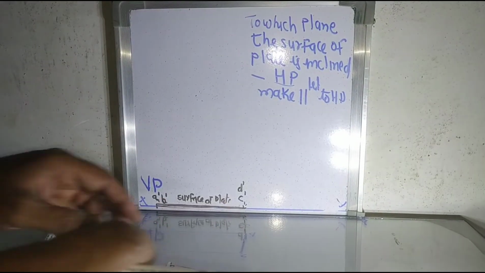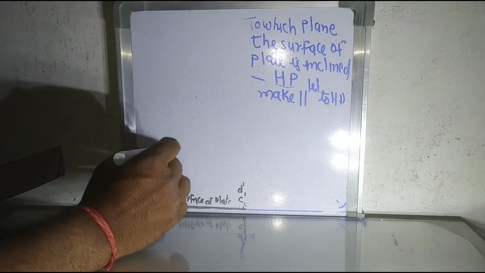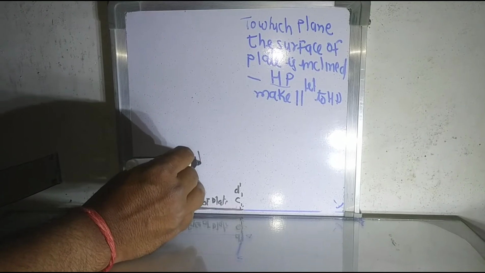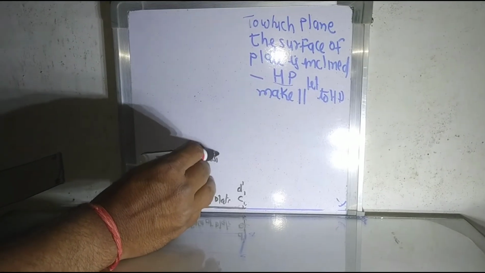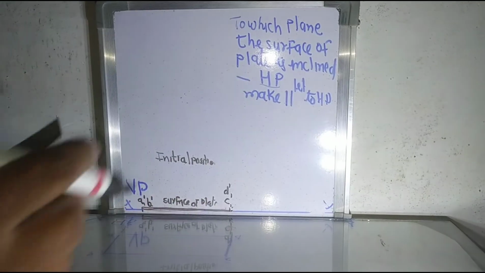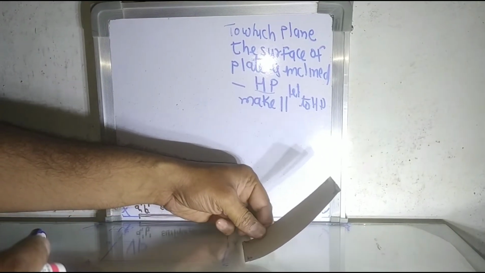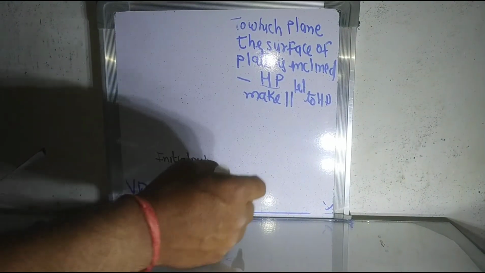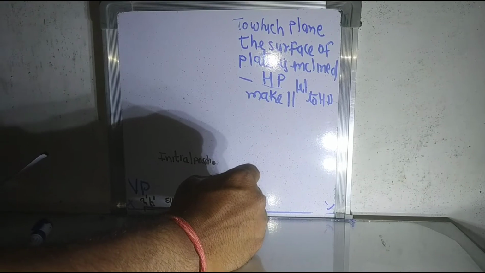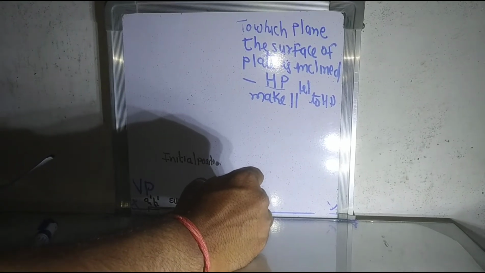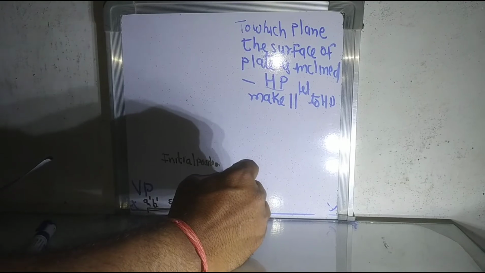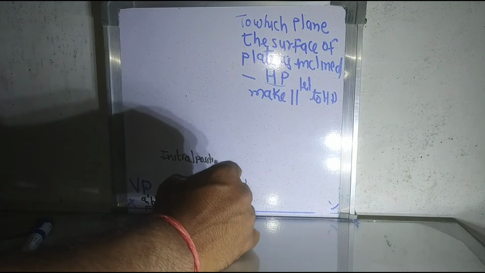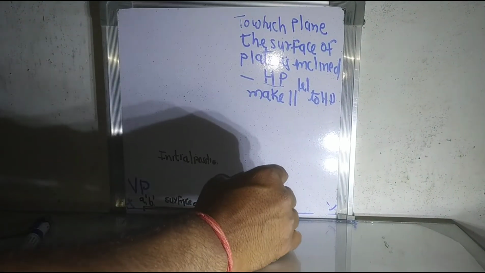Now this is the initial position. In the second position, we will take the final position here. That is, the surface of the plate is inclined by some angle theta. So this line indicates the surface of the plate. Here I will take A2 dash and B2 dash. It is inclined. I will take the protractor here. At how many degrees?